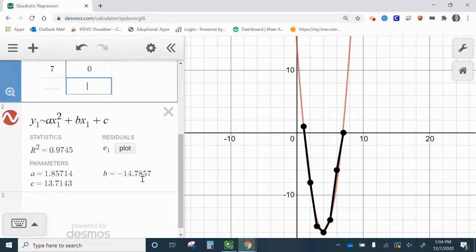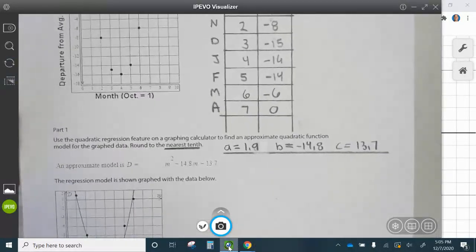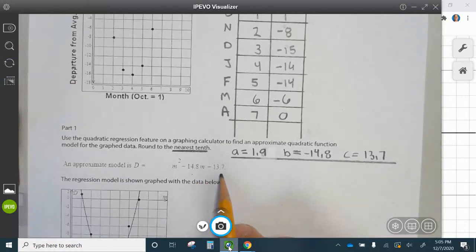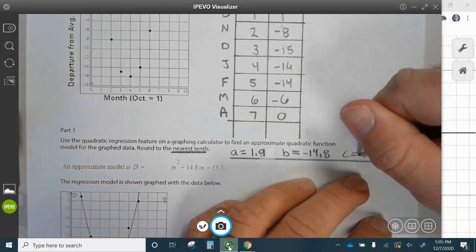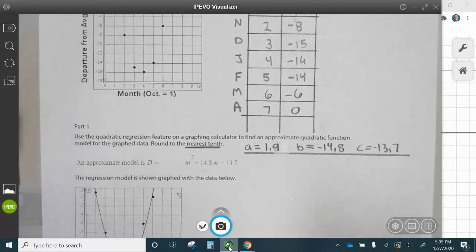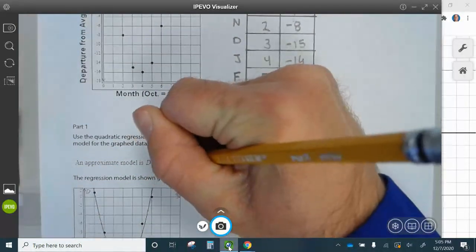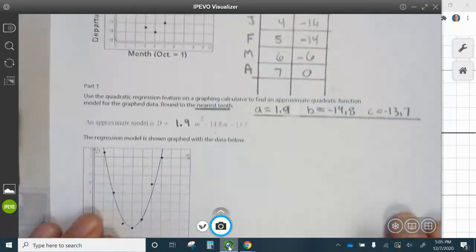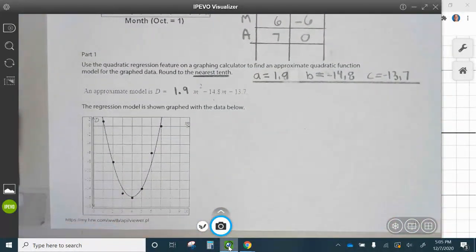B equals negative 14.8. And C equals 13.7. Okay, so they already gave you the B value and the C value. Okay, oops, sorry, that's a negative 13.7. Okay, and so the A value is 1.9. Okay, now the regression model is shown graphed with the data below.